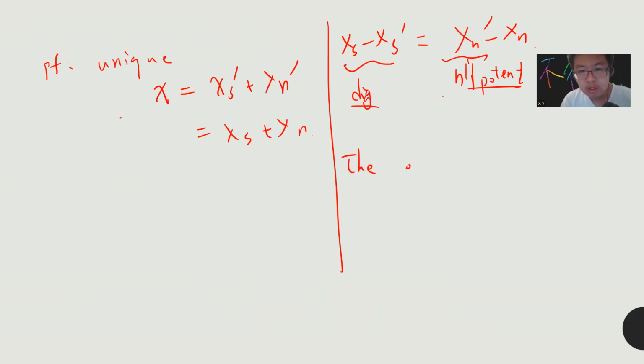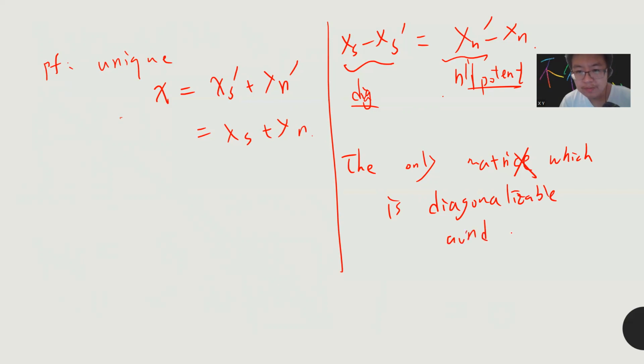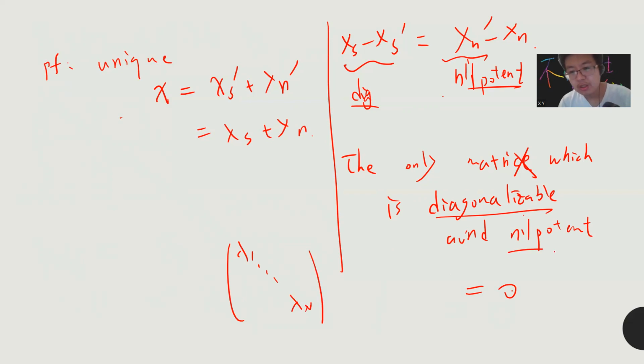The only matrices, or the only operators, which are semi-simple or diagonalizable and also nilpotent are 0. The proof is very simple: because you have diagonalizable, you can write it as this, and then it's nilpotent. Basically, all lambda will be 0. So now this is 0, this is 0.